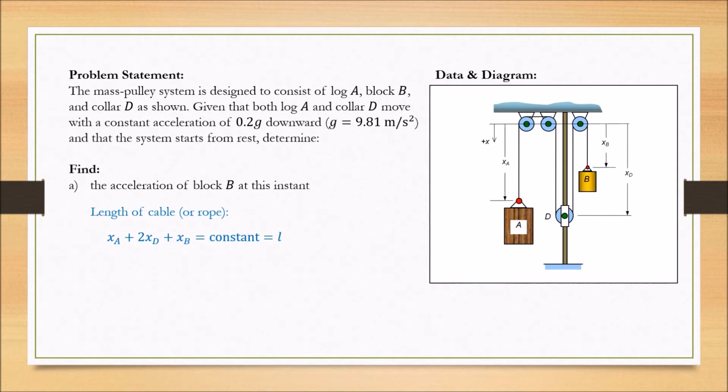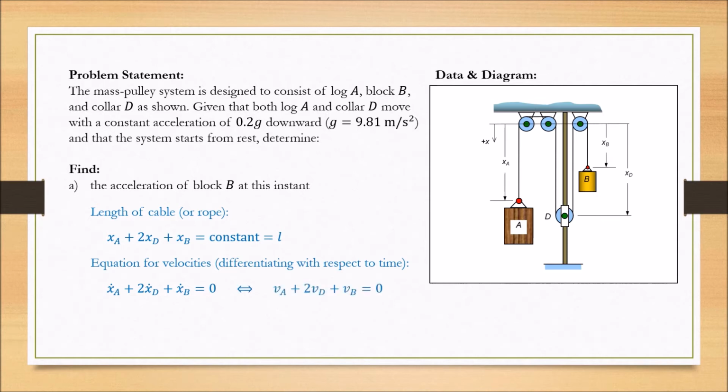By differentiating this equation with respect to time, we can obtain the equation for velocities. x dot A plus 2 x dot D plus x dot B equals 0. x dot in this case is the velocity. So we have velocity A plus 2 velocity D plus velocity B equals 0.